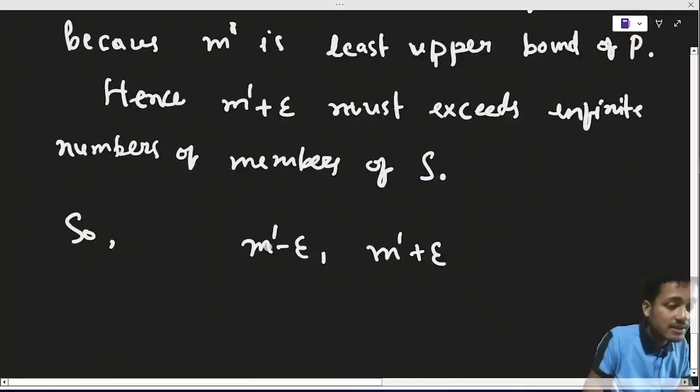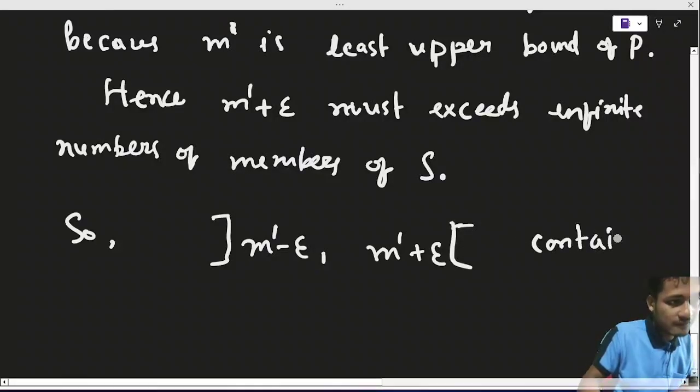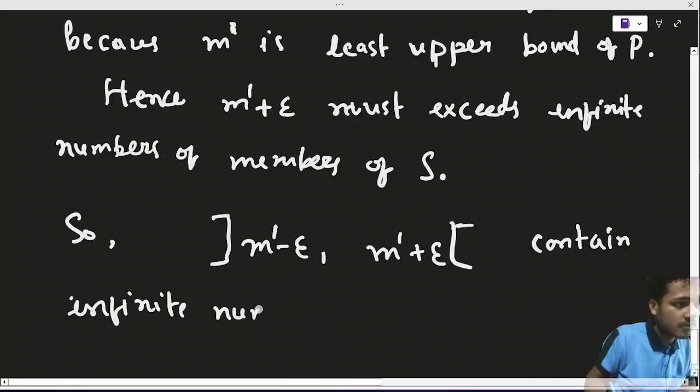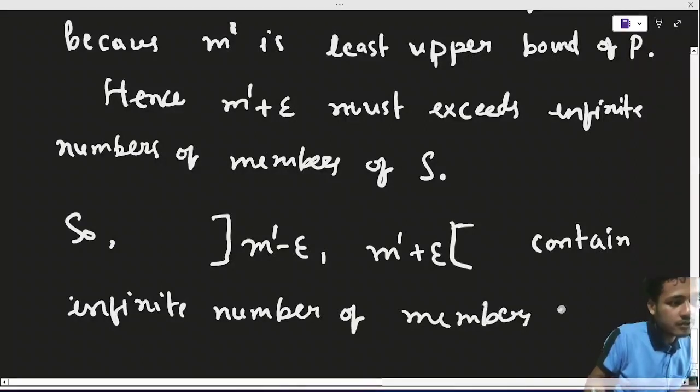That means क्या बात है? M dash minus epsilon, m dash plus epsilon, ये जो open interval create होगा, this contains infinite numbers of members of S, right?